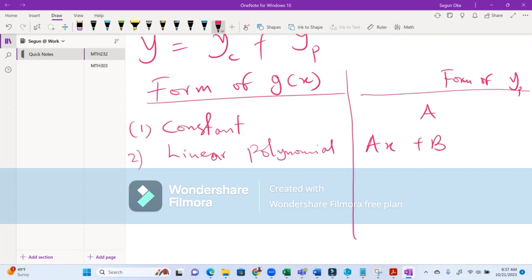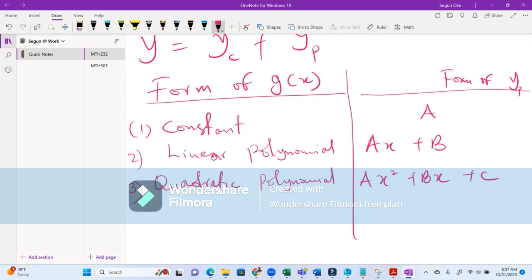Are you following me? Number three, if I have a quadratic polynomial, I will have ax squared plus bx plus c.